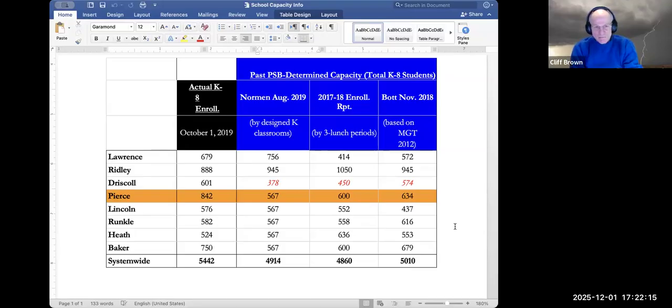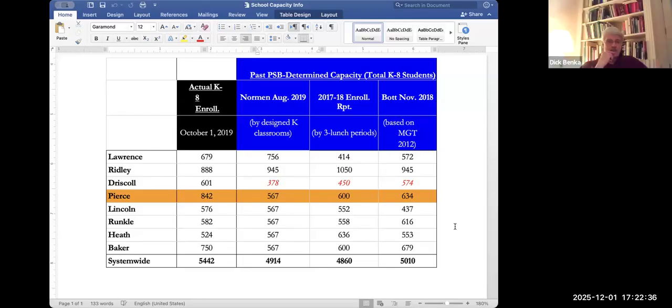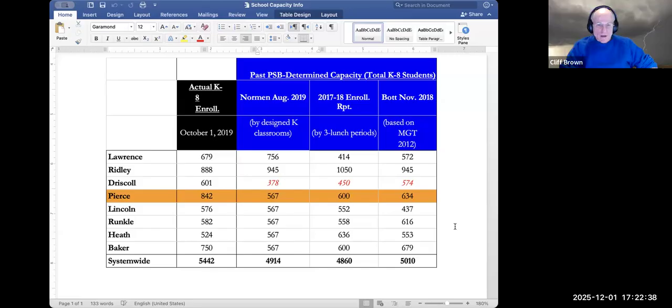I can't tell you about the assumptions that Mary Ellen used or that Andrew Bott used back in 2018. The 2017-2018 enrollment report, that looks to me like it was existing population, because that's an enrollment report. Right. Okay. So I really don't know. I don't put a heck of a lot of stock in that.